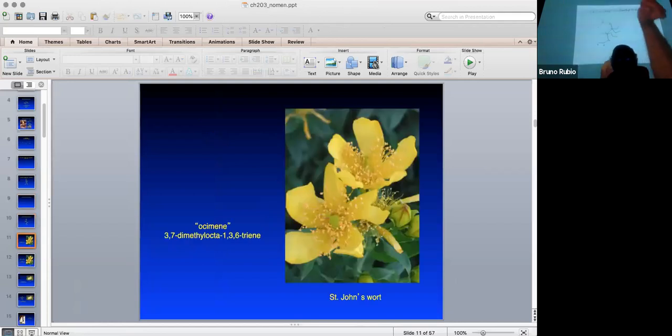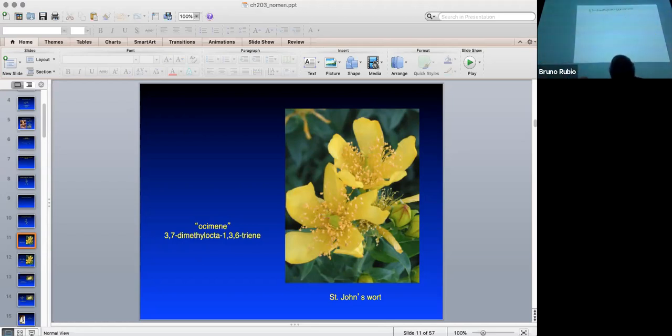Okay, so now let's go through some more examples, a bunch where we're getting into unsaturation markers and the priority groups. All right, so this is 3,7 dimethyl octa 1,3,6 triene.